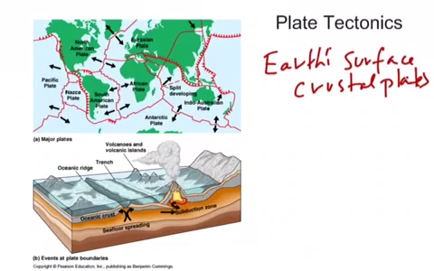A second principle here is that the ocean floors are continually moving, and they're spreading out from the centre, as we can see in this diagram here, and sinking at the edges.